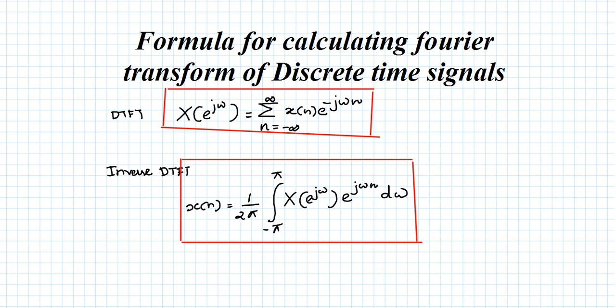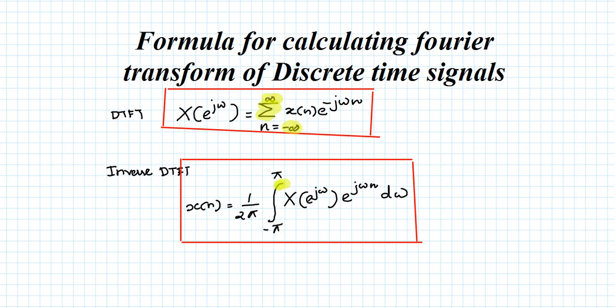Here the DTFT of a signal is represented by X of e raised to j omega. This is the notation for representing the discrete time Fourier transform, and you need to know a few points. When you calculate the forward Fourier transform, or DTFT, you will use sigma, and the limit is from minus infinity to infinity.